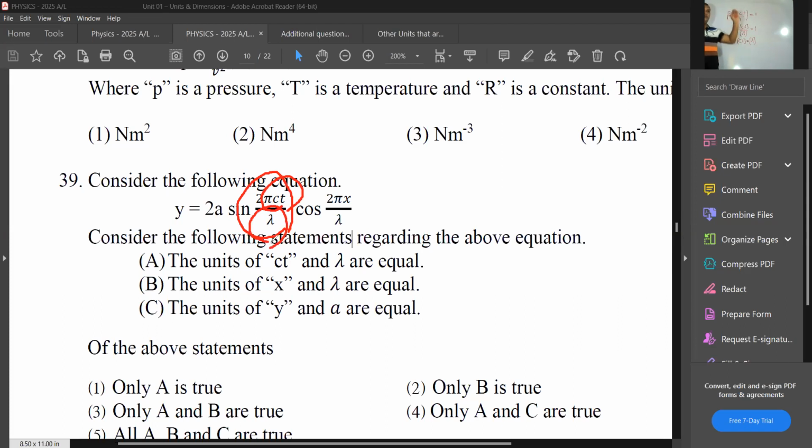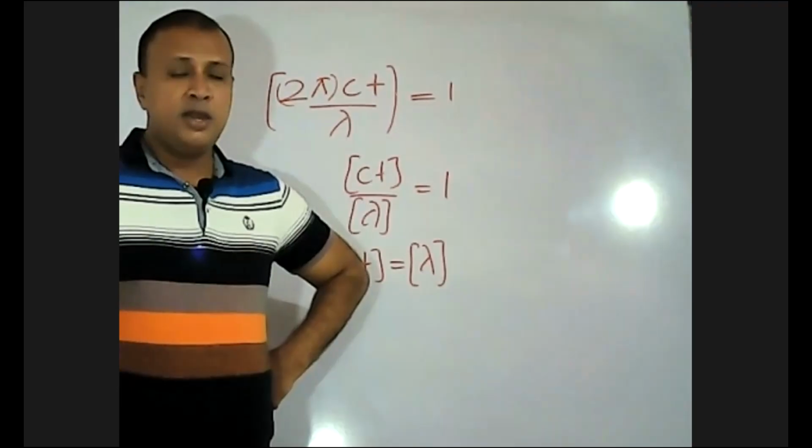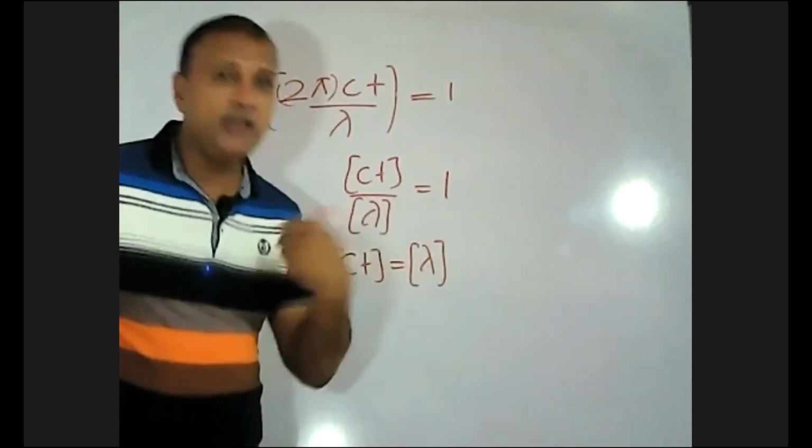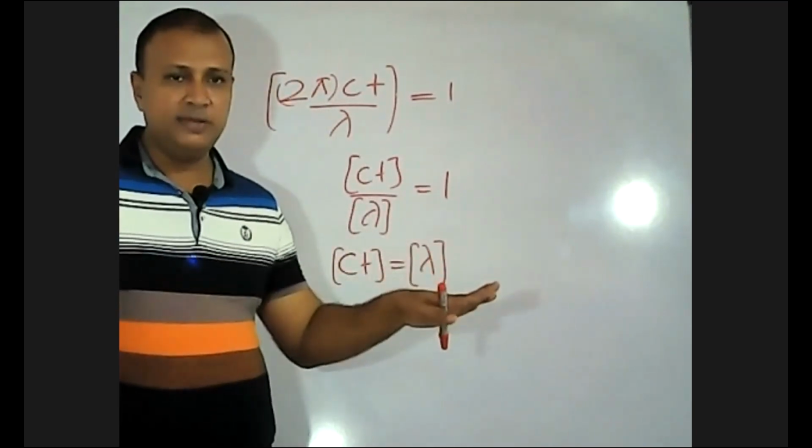Because if the numerator and denominator are equal, the answer is equal to 1. Do you understand how I did that calculation?